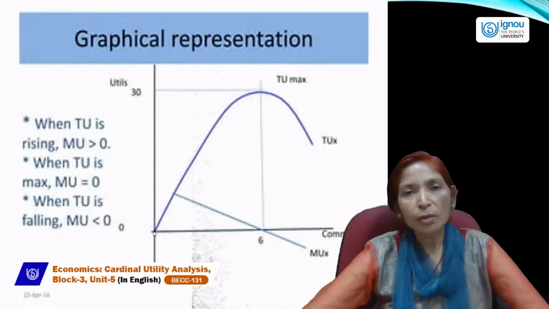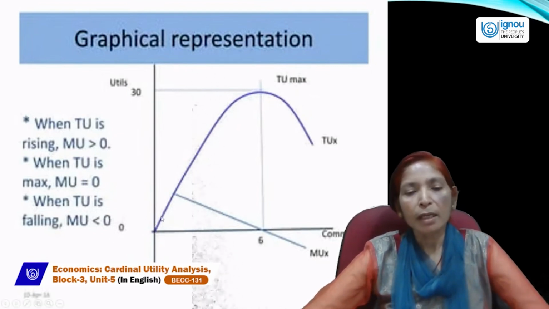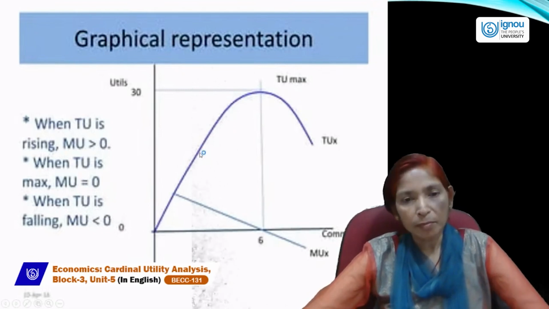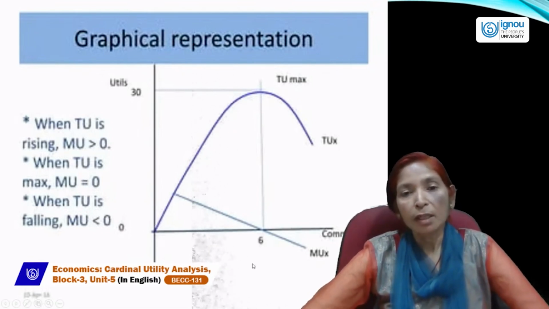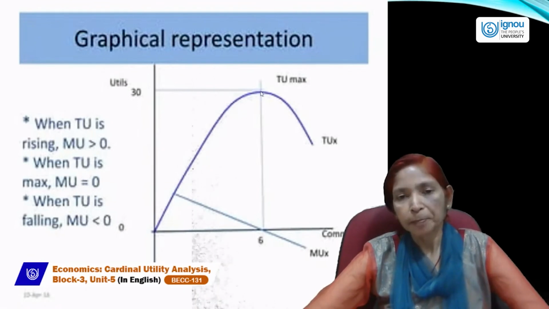As we consume more units of a commodity, our satisfaction will increase in the beginning. After that, TU becomes maximum. Here TU is maximum, or it is a peak level point. After that, TU starts falling.